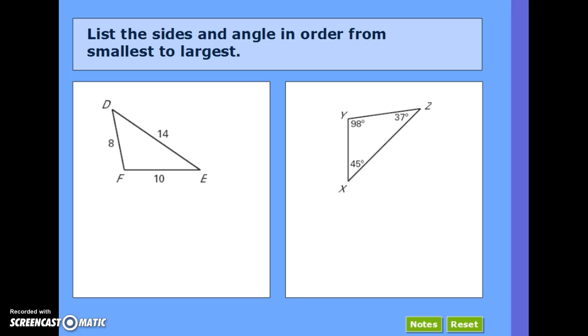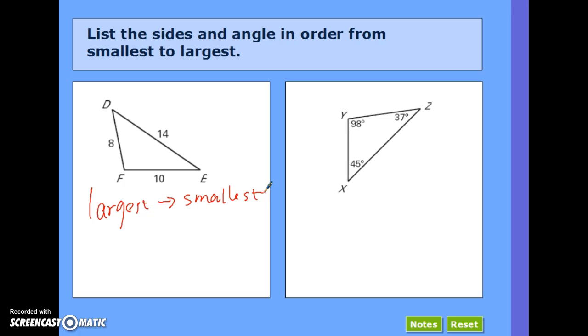In the first one, since we're provided with the side measures, we can arrange the angles from the largest to the smallest. The largest angle will be the angle facing the longest side.